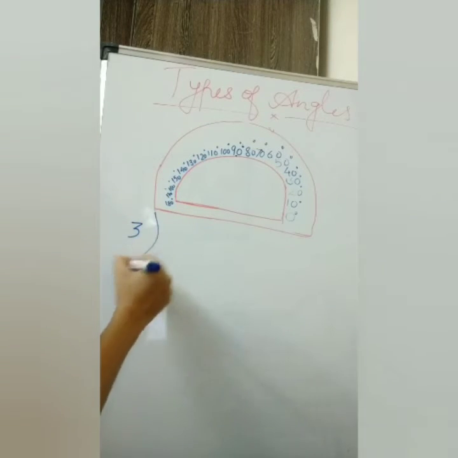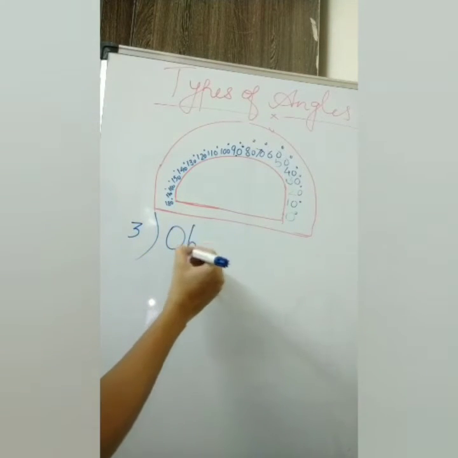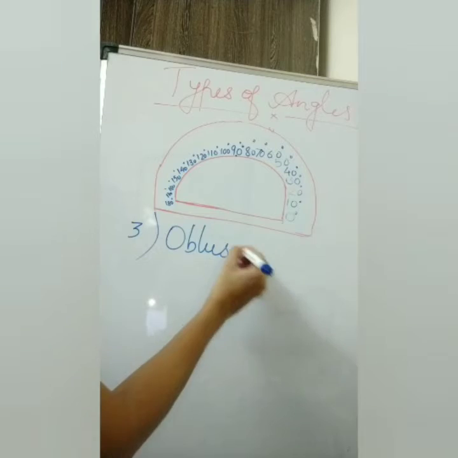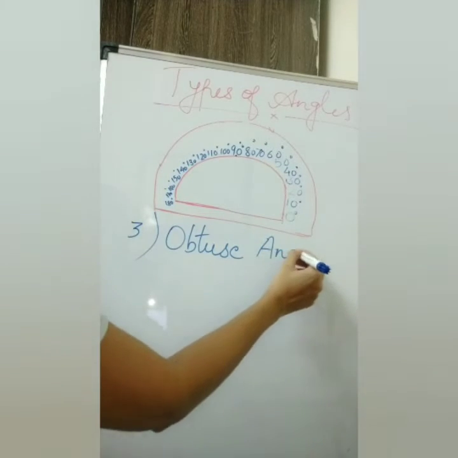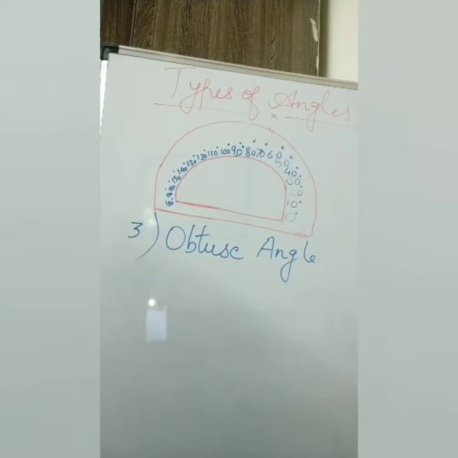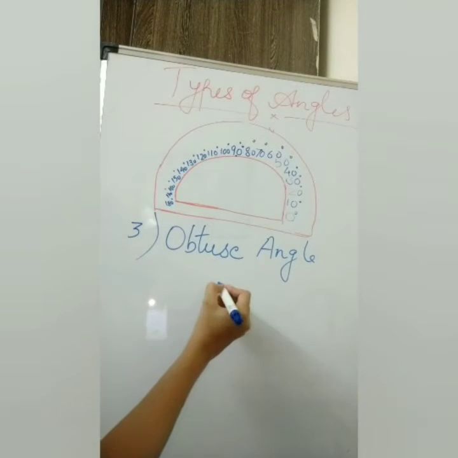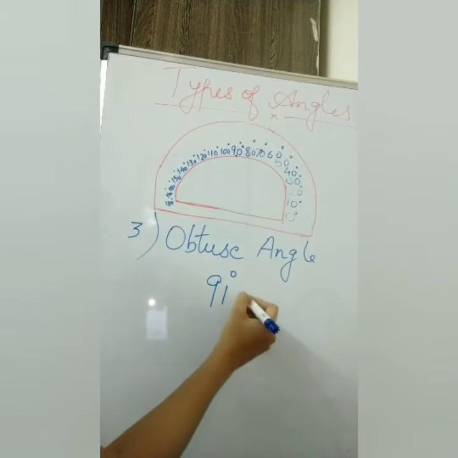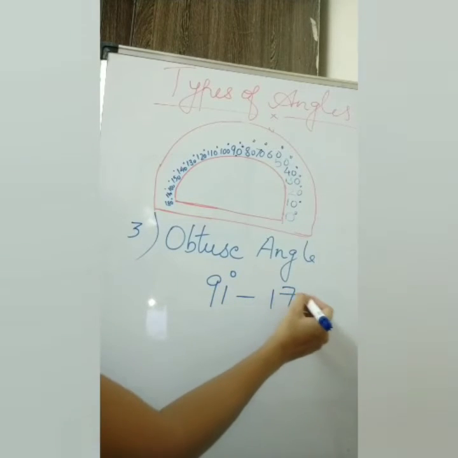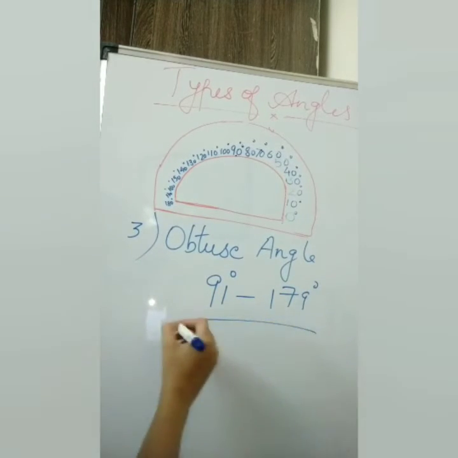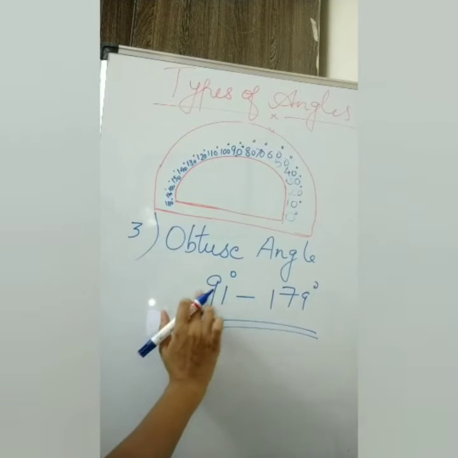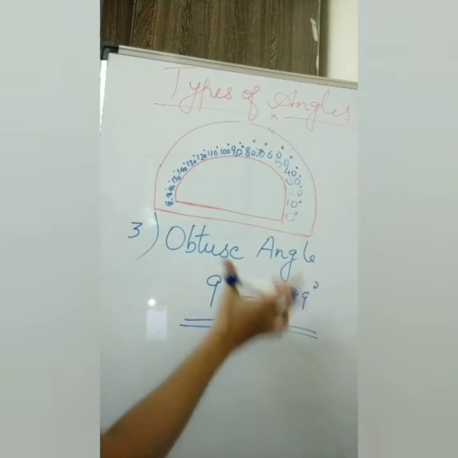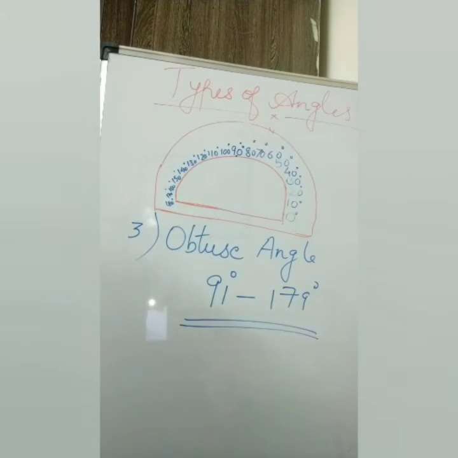Now the third one is obtuse angle. What are obtuse angles? An angle greater than 90 degrees but less than 180 degrees. So they range from 91 degrees to 179 degrees. Those angles in the range of 91 to 179 degrees are called obtuse angles.